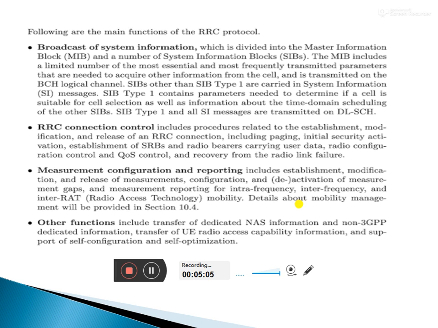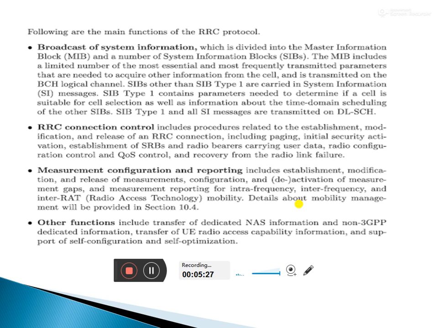Now comes the SIB. The type 1 parameters determine whether the cell is suitable for communication or not.